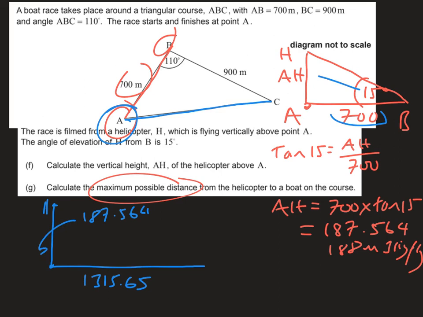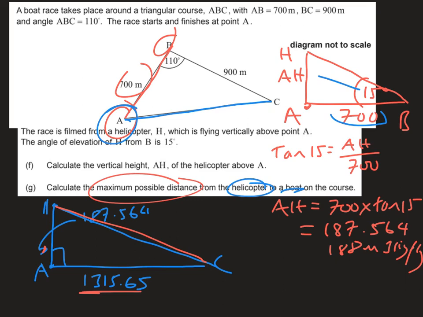So that's the height here. So we've got a right angle triangle. Therefore, the maximum distance that the helicopter can be from the boat is going to be the hypotenuse here. So if we've got the two sides, we've got 1,315, and we've got this side here, which is 187.564, we are just going to use Pythagoras to solve that. We should end up, therefore, with a final answer for HC.